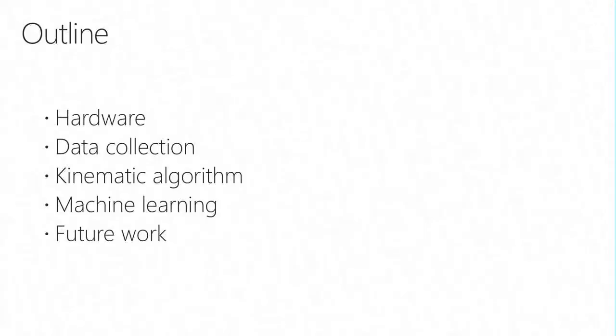For the last part of the internship, I tried to use machine learning techniques to solve the noise and the sensor movement problem using deep learning DNNs. So this is the outline of the talk. I will go over everything I have been doing in the 3 months, from hardware to data collection, kinematics, machine learning, and future work.